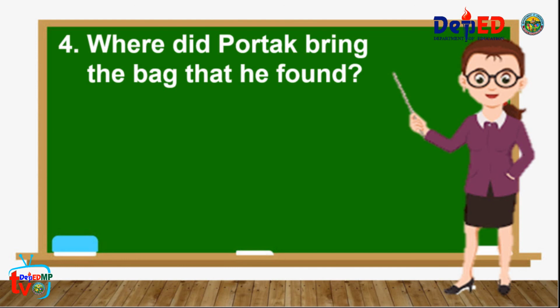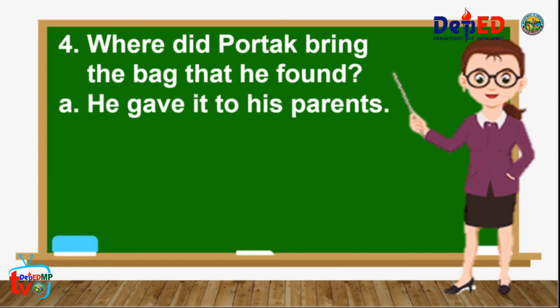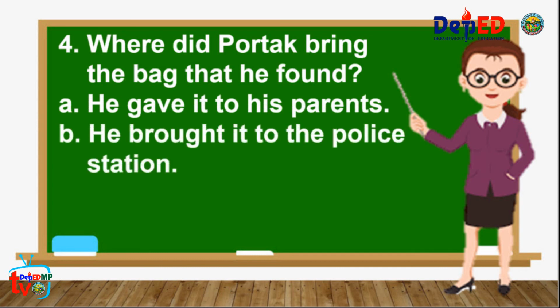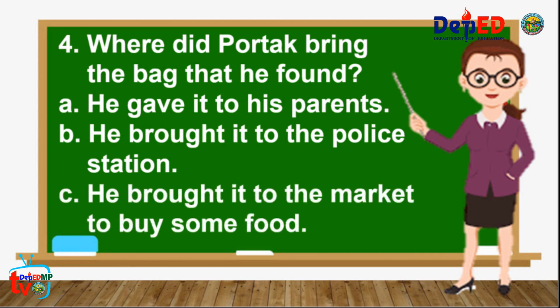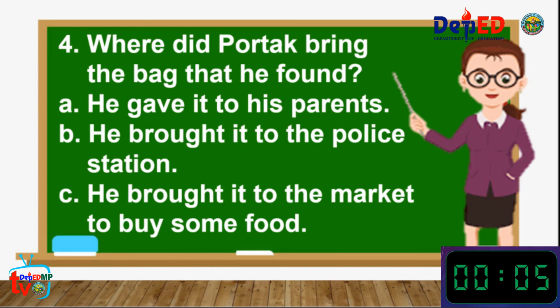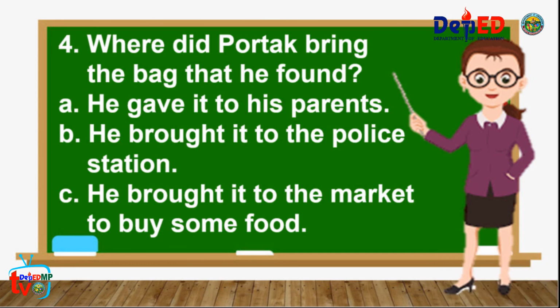Where did Portak bring the bag that he found? A. He gave it to his parents. B. He brought it to the police station. C. He brought it to the market to buy some food. Answer? Letter B.